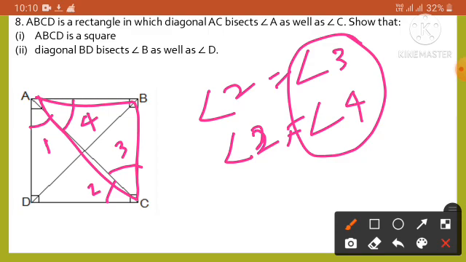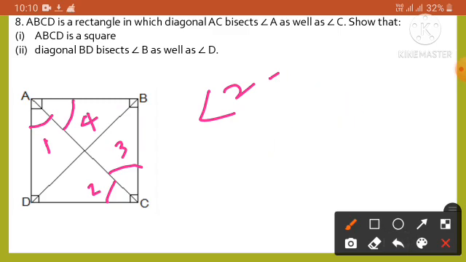Similarly, CD equals DA. So we can say that ABCD is a rectangle having adjacent sides equal. So ABCD is a square.